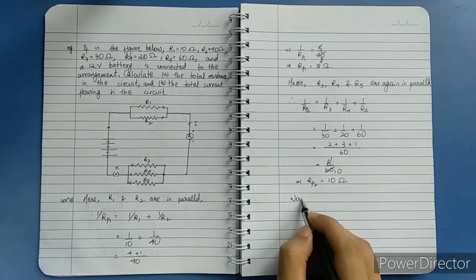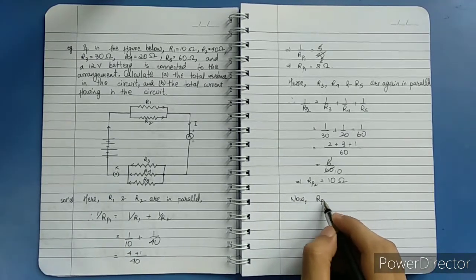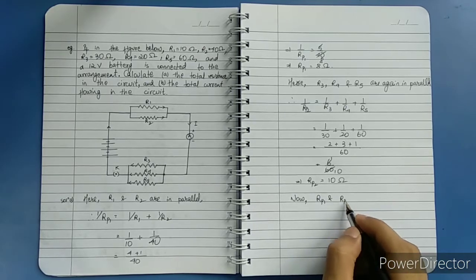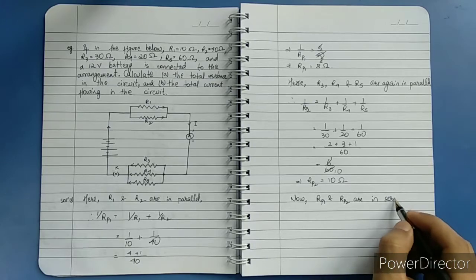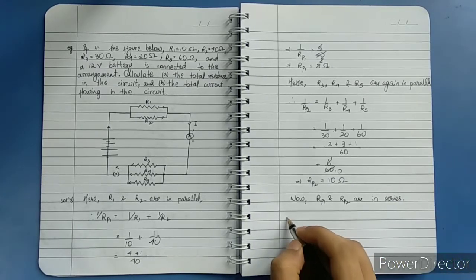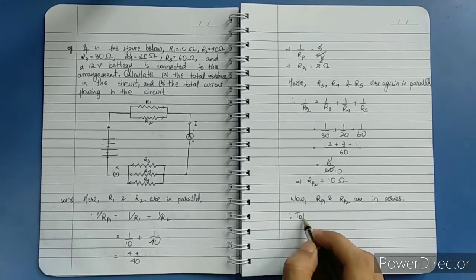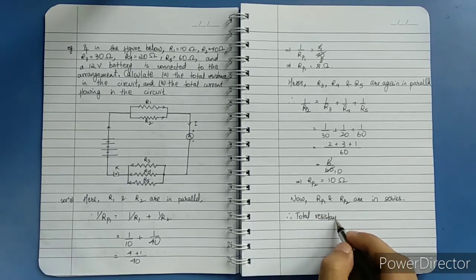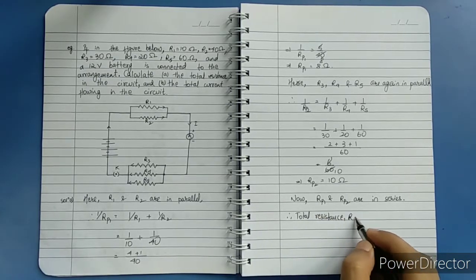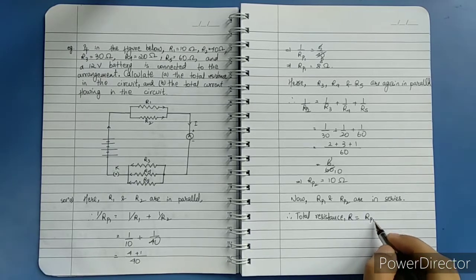Now Rp1 and Rp2 are in series. Therefore, total resistance capital R will be equal to Rp1 plus Rp2.